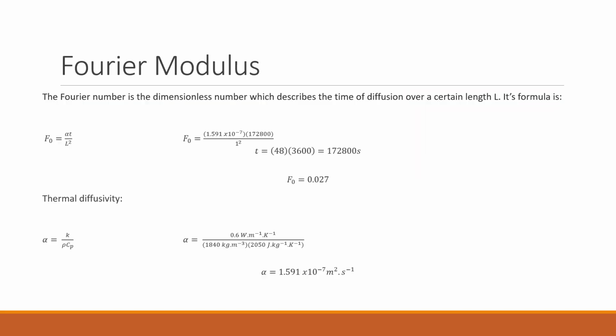So first we have to calculate the Fourier modulus, or the Fourier number. This is the dimensionless number which describes the time of diffusion over a certain length L. The formula for this is Fo = αt/L². The alpha in question is the thermal diffusivity, and this can be calculated from the values given in the question.